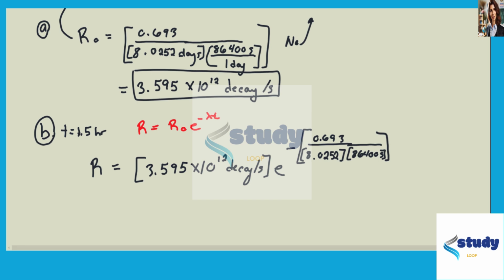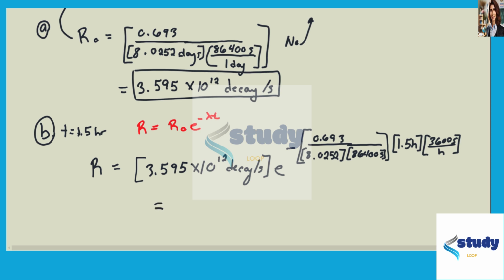And we also have 1.5 hours, and we're going to multiply that by 3600 seconds per hour. Okay, and you're just going to plug all this huge thing into your calculator, and do it in sections if you need to.